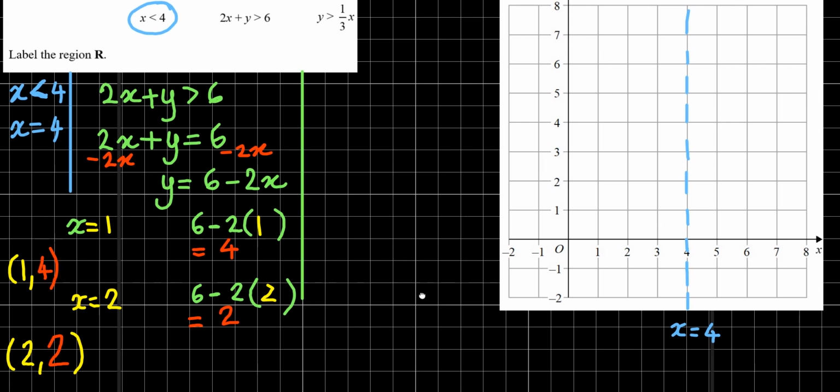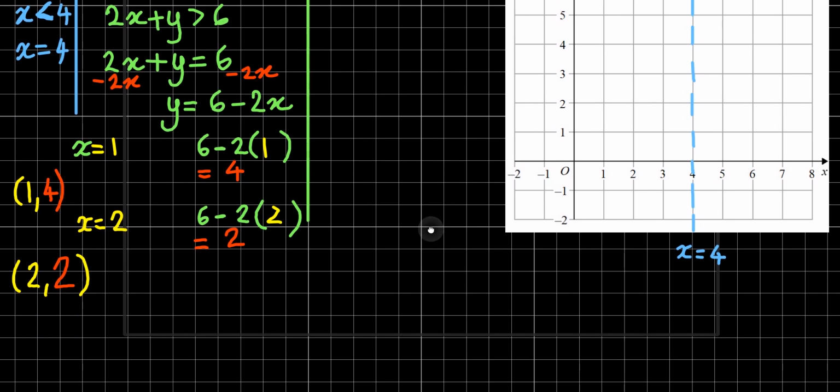We always need to have at least 3 values when we're plotting a straight line. So let's say x is 3, and now y is 6 minus 2 lots of 3. Now 6 take away 6 would give us 0. So the third coordinate is 3, 0.